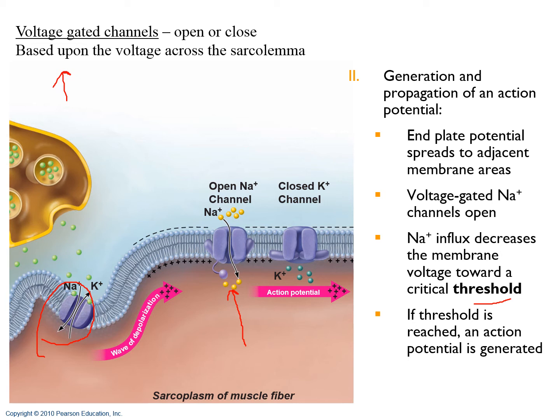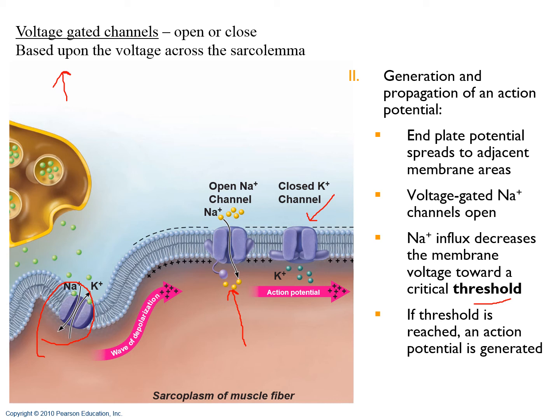Now, adjacent to the voltage-gated sodium channels, we have voltage-gated potassium channels, and reaching threshold causes these channels to actually close. So we're going to trap potassium inside the cell, that's a positive charge, and we're going to let sodium into the cell, which is another positive charge. So at this point, the membrane is becoming very positively charged.